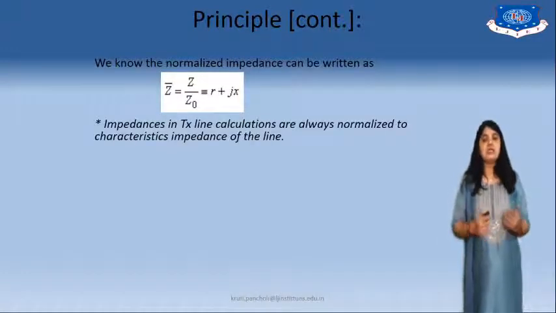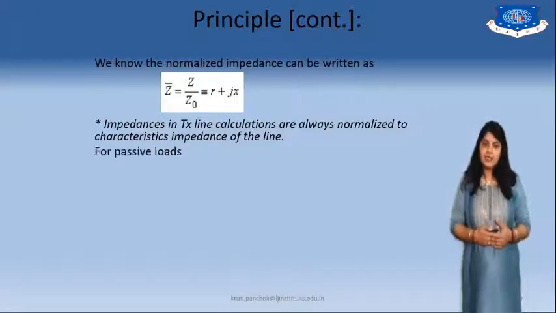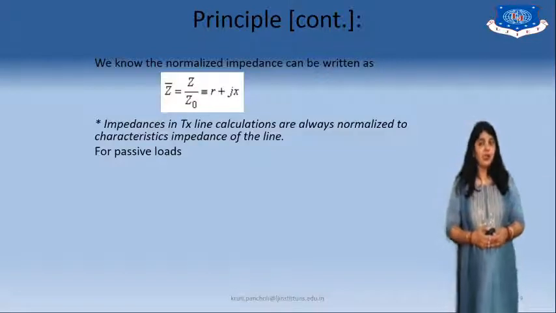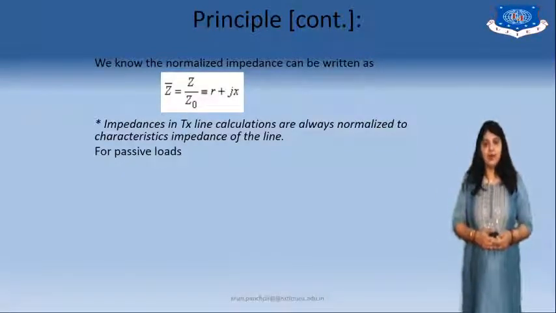Impedances in transmission line calculations are always normalized to the characteristic impedance of the line. So whenever you start solving any example, you first need to normalize the value, and you take those normalized values to plot onto the Smith chart.